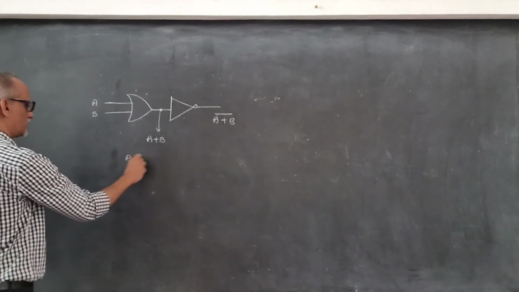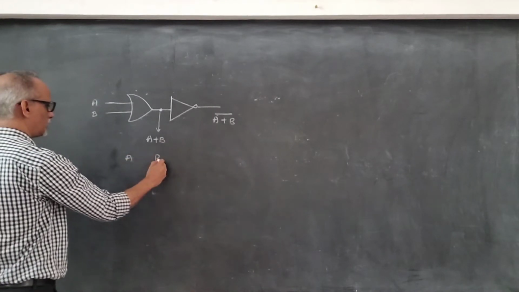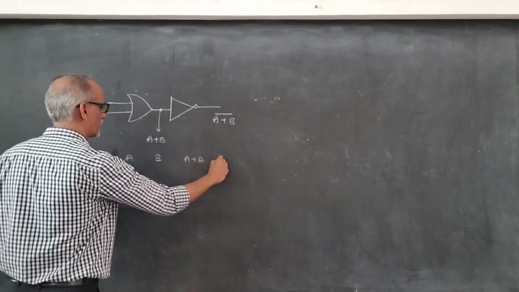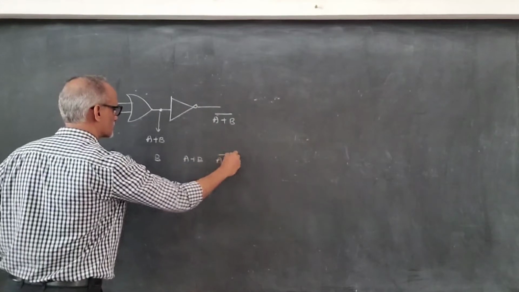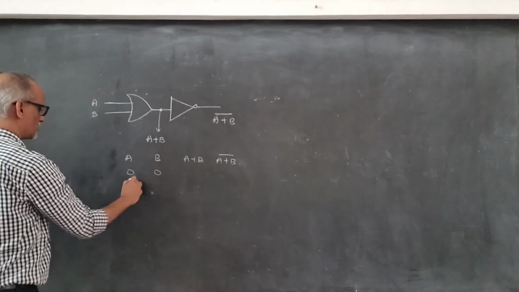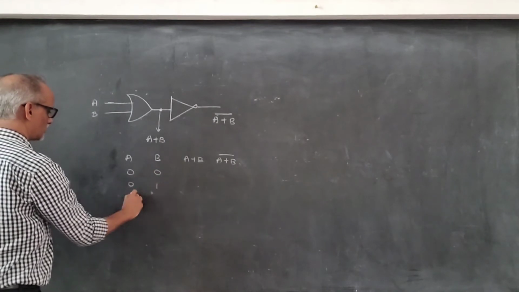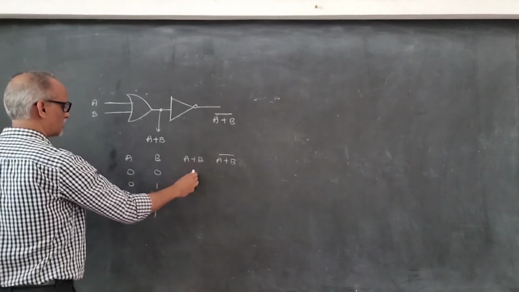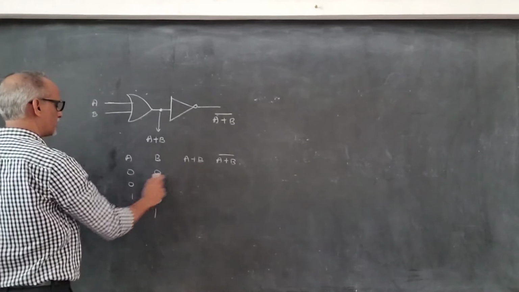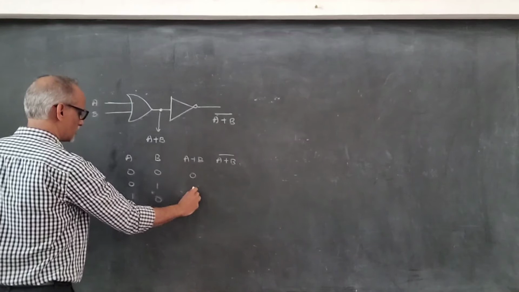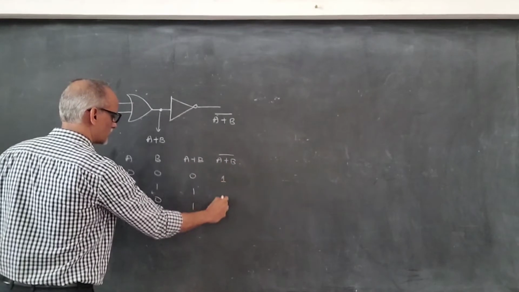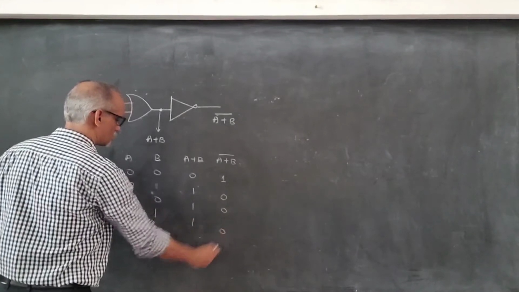So let us write the truth table for this: A, B, and then we have A plus B, and then we have A plus B inverse. So 0 0, 0 1, 1 0, 1 1. This is the OR gate. Output is high when any one of the inputs is high. So therefore it's 0, 1, 1, 1. And when I do the inversion, it is 1 and 0, 0, 0.